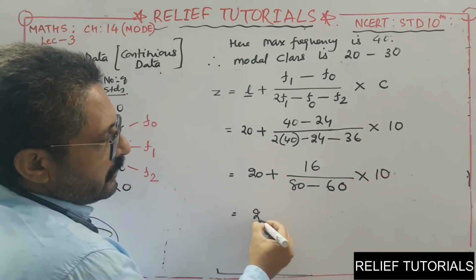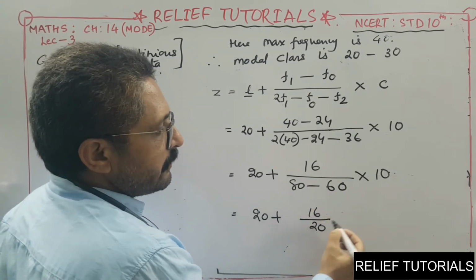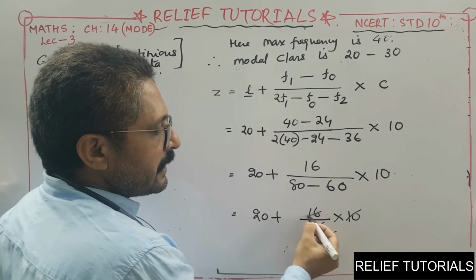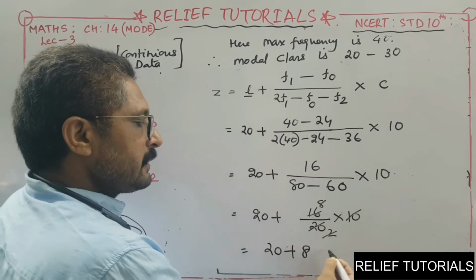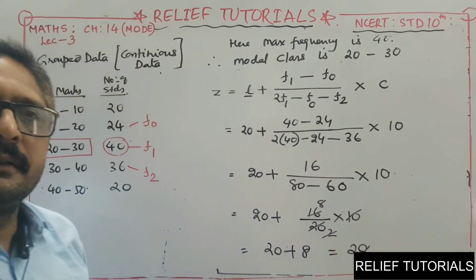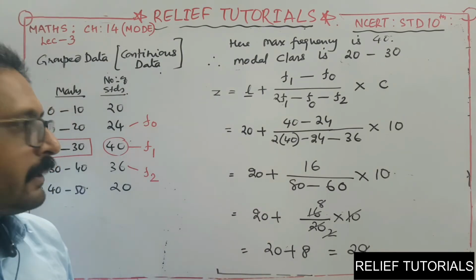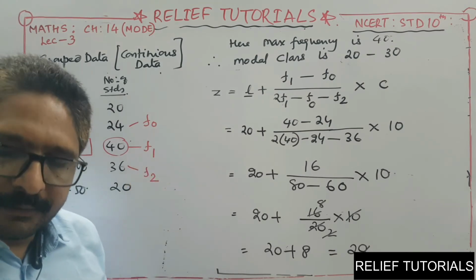So we get 20 plus 16 upon 80 minus 60, which is 20, into 10. That gives 8, so 20 plus 8 equals 28. Simple calculation, you just need to find F0, F1 and F2. That's it.